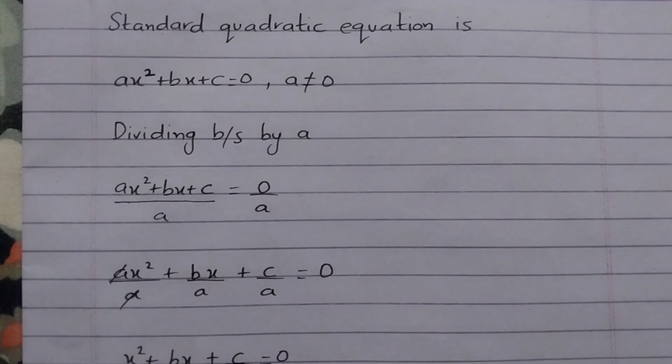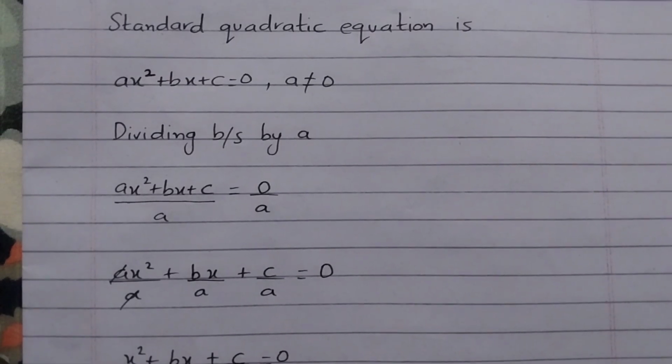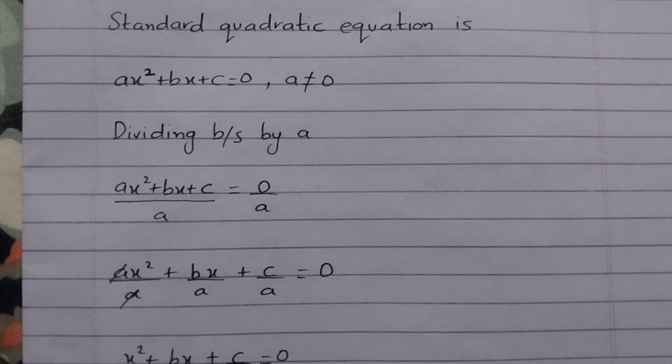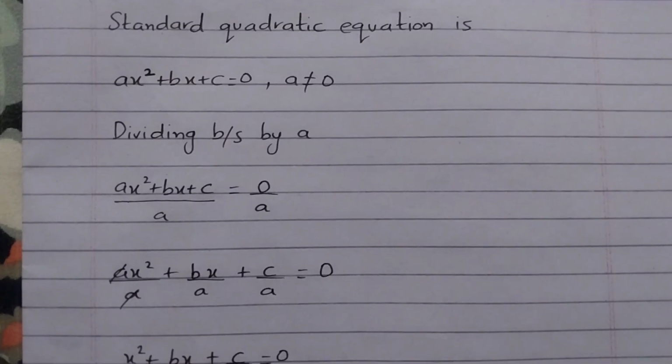First of all, we know that in the formula of (a + b)², we have a², a term which is a perfect square. When we look at this particular equation, the first term is ax². So x² is a perfect square, but ax² is not, because a can be any number other than 0.